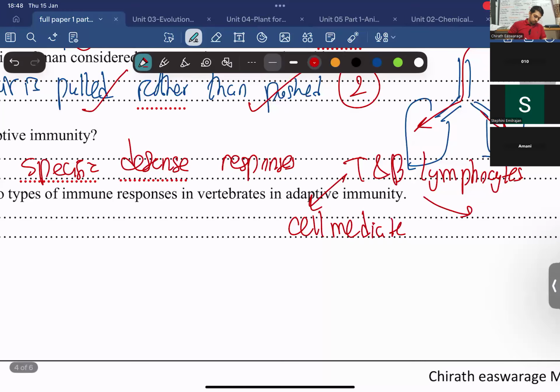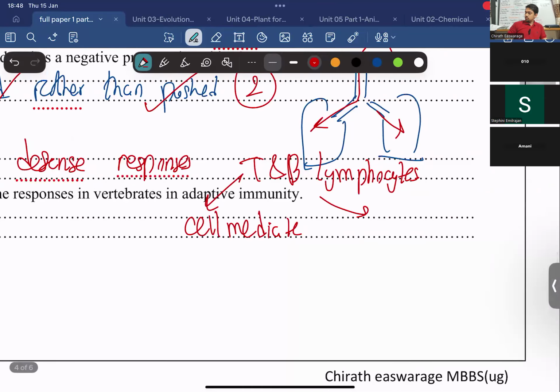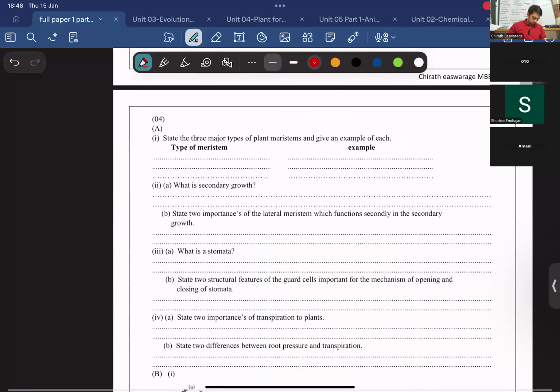By the B lymphocytes, you have humoral. Give me another name for humoral. Antibody. Antibody mediated. Okay.